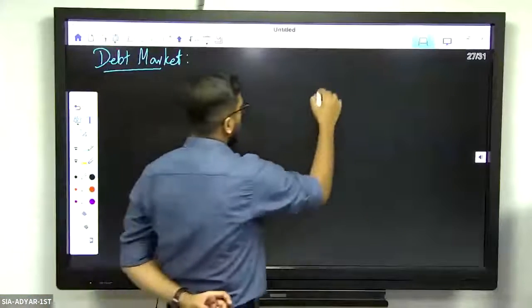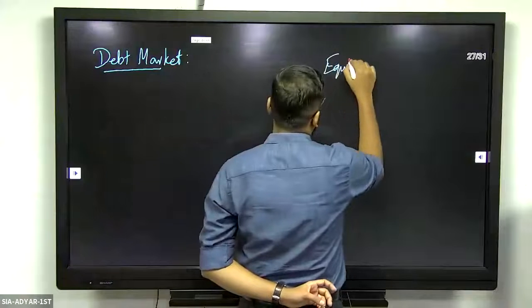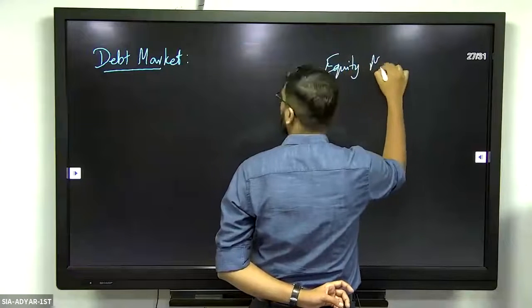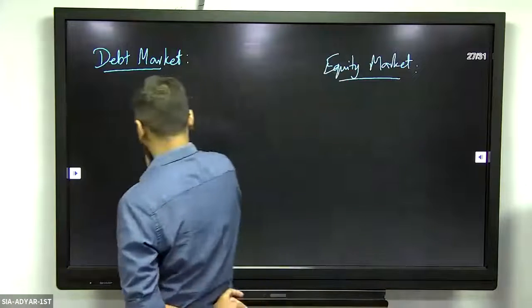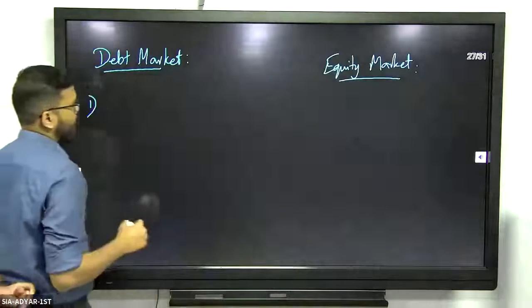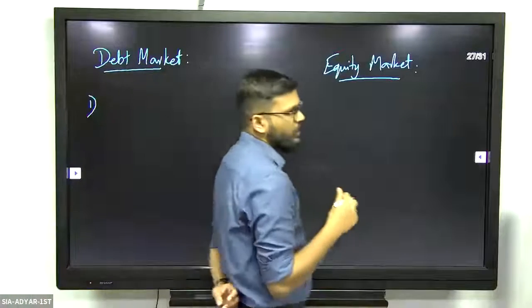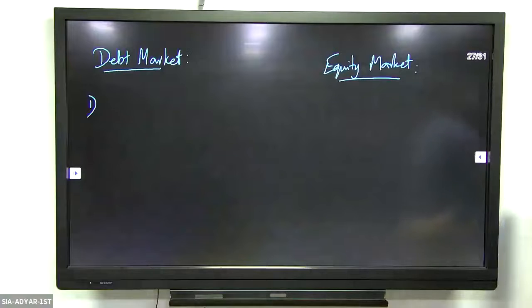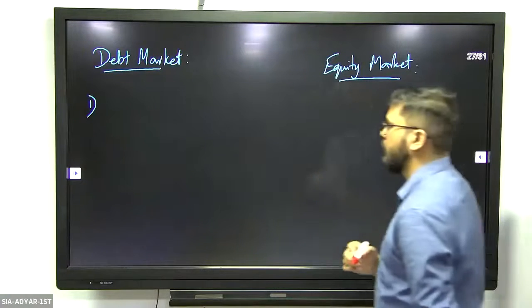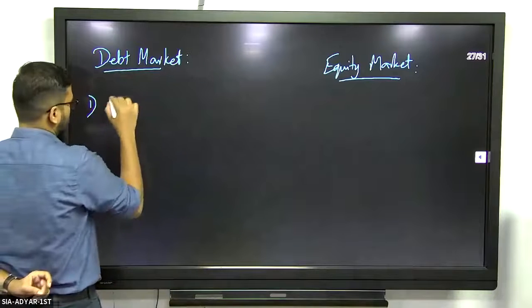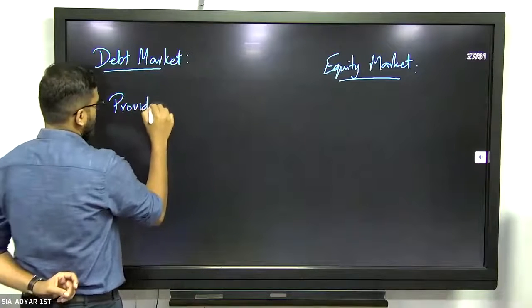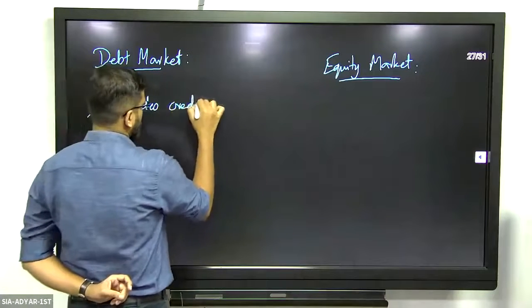Okay, there is debt market and there is equity market. First, let's take a quick comparison between the two. In a debt market, number 1, it provides creditor position.